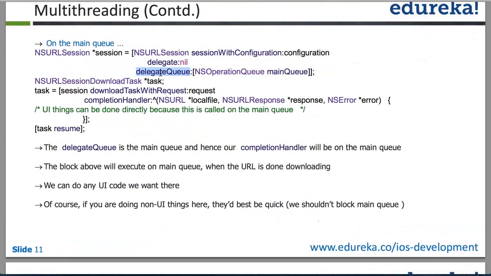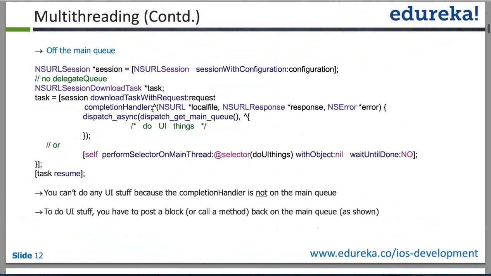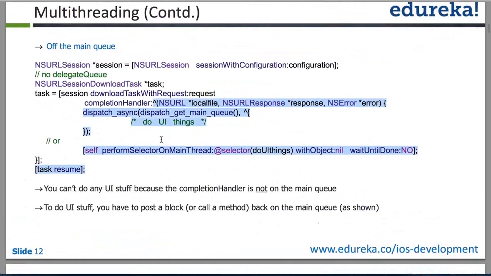That is nothing but the completion handler, not the actual one. So the completion handler, we have mentioned the main queue here, and so the completion handler, that is nothing but this block, will be executed on main queue. So sometimes you will not mention the queue there. So if you don't mention the queue there, inside your completion handler, you have to use the two methods that we have seen. They are nothing but dispatch_async using a GCD API or performSelectorOnMainThread.